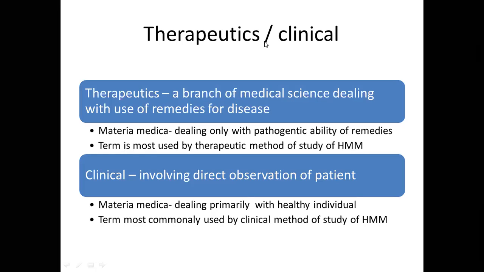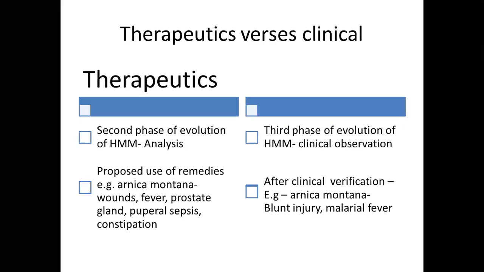Again, the term materia medica primarily deals with the healthy individual, and this term clinical involves the effect of medicines directly observed on the patient, and this term is most commonly used in the clinical method of study of homeopathic materia medica. Then we will see actually what is the difference between these two terms, therapeutics and clinical.